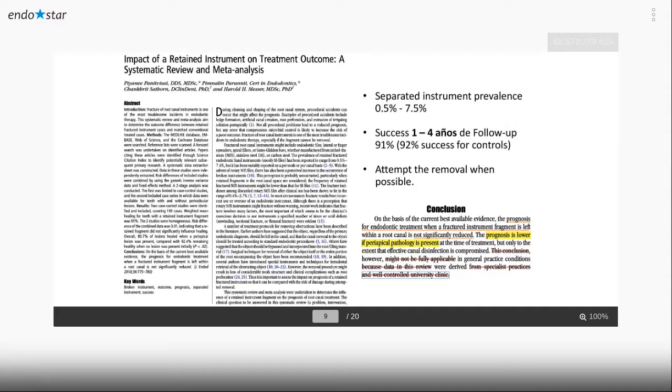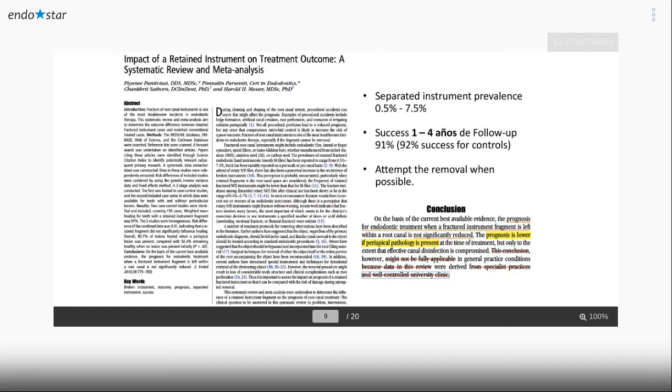But the most interesting part of this review is that the success rate, going from 1 to 4 years of follow-up, for teeth with a broken file is 91%. The success rate is very high.